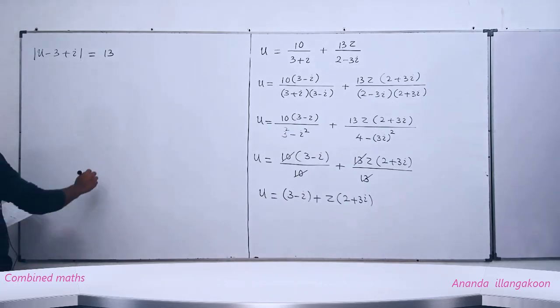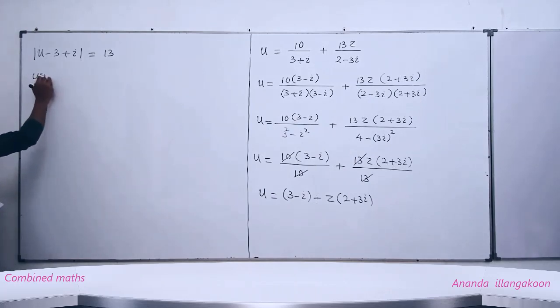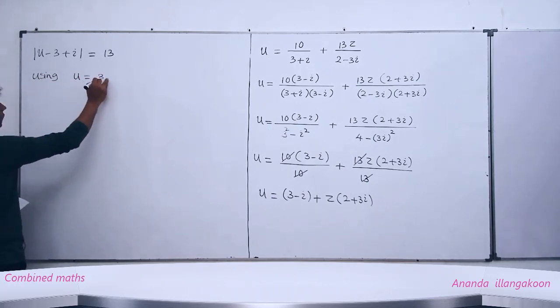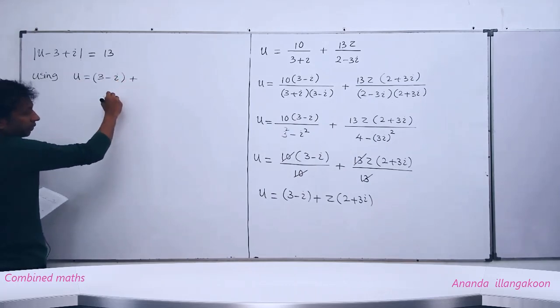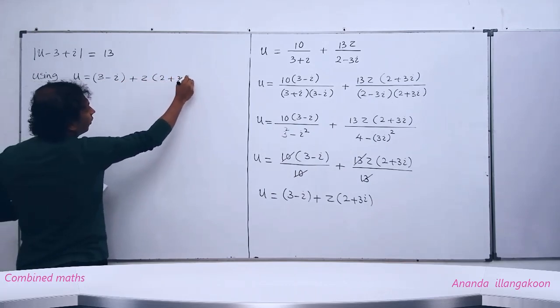Now, people, by this result, using u equals 3 minus i plus z times 2 plus 3i. Right.